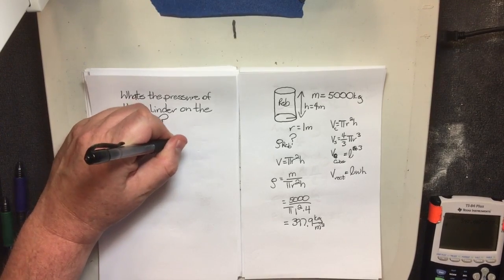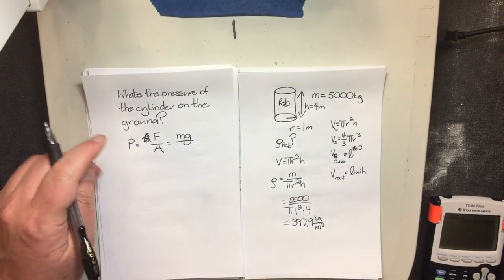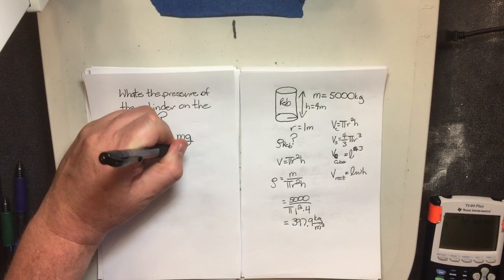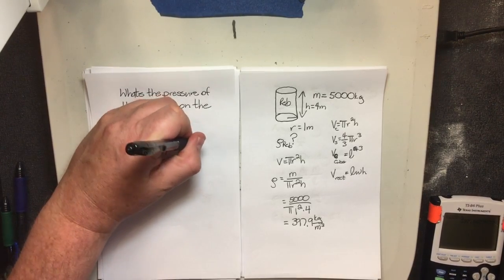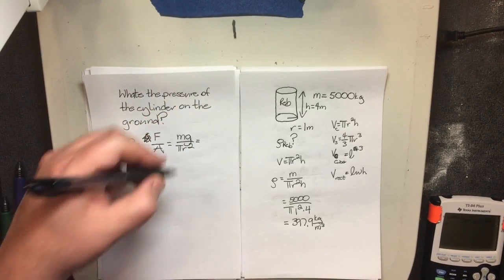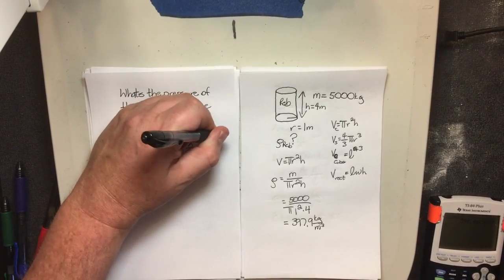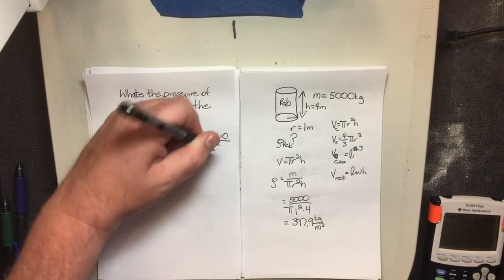What's the force? Mass times acceleration, or mass times gravity. The area is the pi r squared, the base of the object. So this becomes 5,000 kilograms times 10 divided by pi 1 squared.